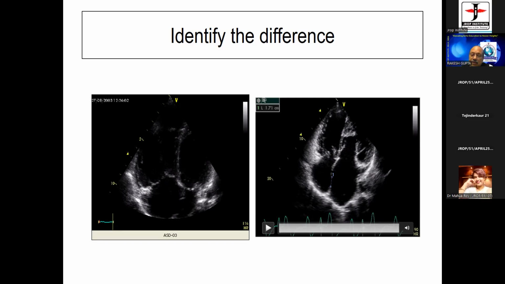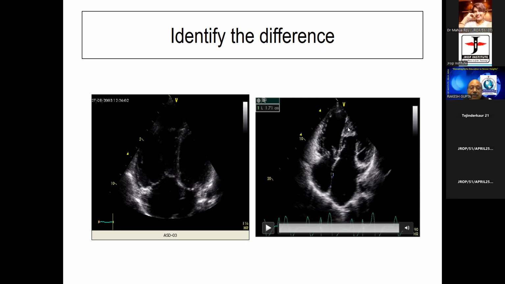Now, another scenario: my LA is attached to RV and now gives rise to the aorta. So what is that condition known as? RV gives rise to the pulmonic artery. Now these are atrioventricular discordance, but at the same time, Dr. Mahua, go ahead.